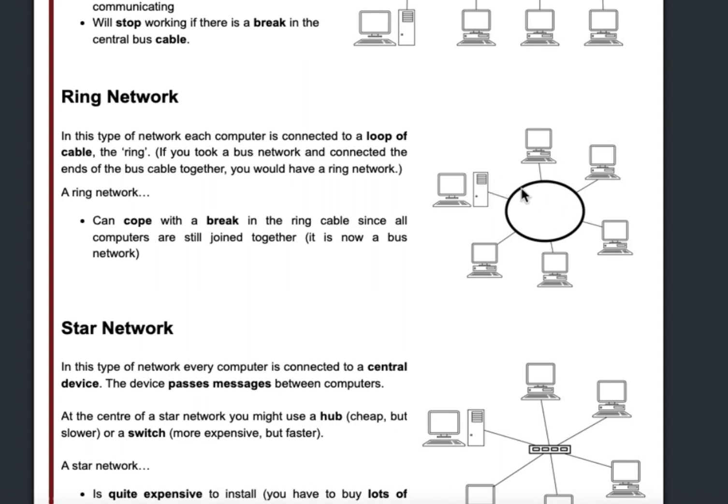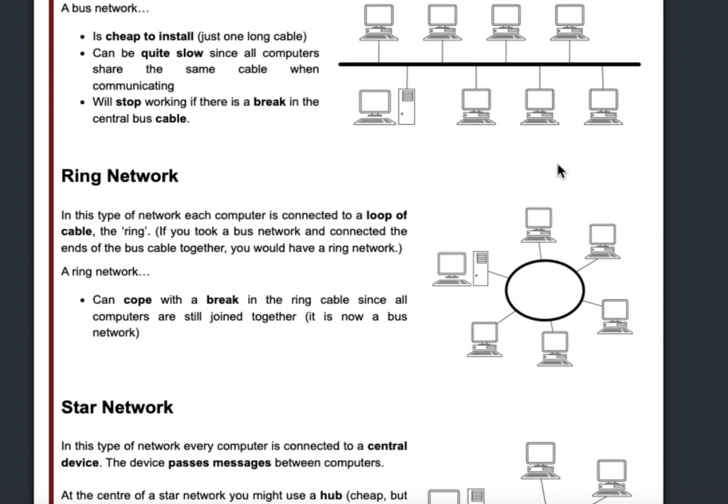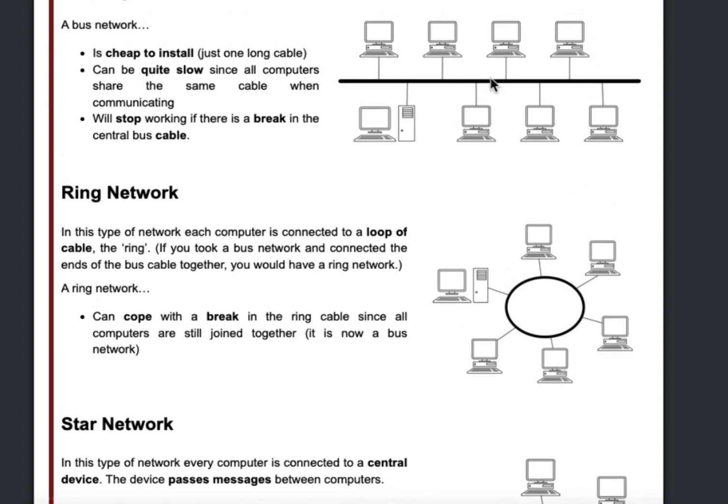Because if there's a break, it looks like a bus network. But unlike the bus, where a break means you broke the network, in this one, if there's a break, it becomes like a bus network, so it will still work. So the ring topology has an advantage over the bus topology.